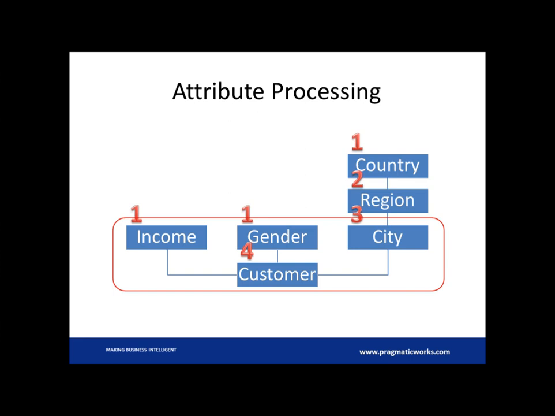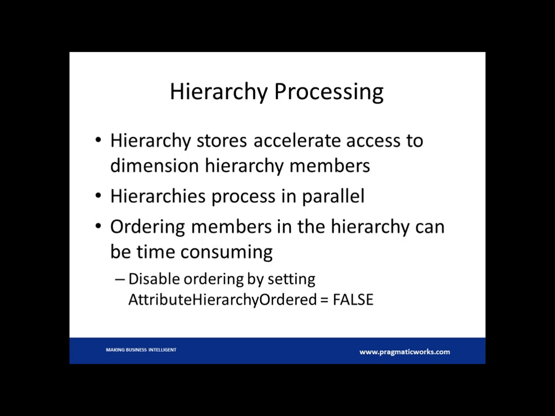So again, from a best practices standpoint, it's easy to build those in up front as you're creating the dimension. It can be a little bit harder to add them after the fact. So attribute relationships are particularly important in this particular step of the dimension processing.